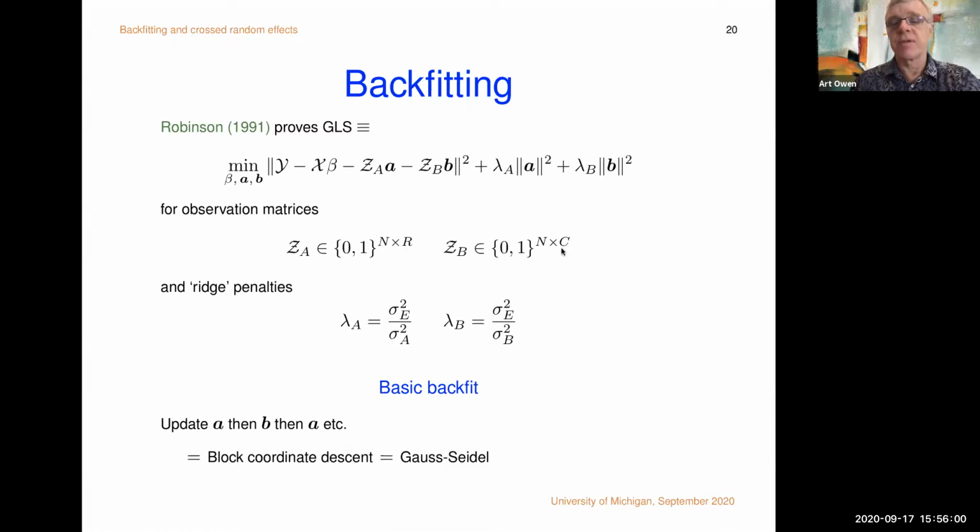And then this Z_B has an indicator for every column in the original data set. So this is just regression on dummy variables. You put the original variables and then your 2 kinds of dummy variables, and then you put ridge penalties on it. And the ridge penalties are ratios of the variance components. And then what do you do? You estimate A, then you estimate B, then A, then B, you alternate. So it's block coordinate descent or Gauss-Seidel.